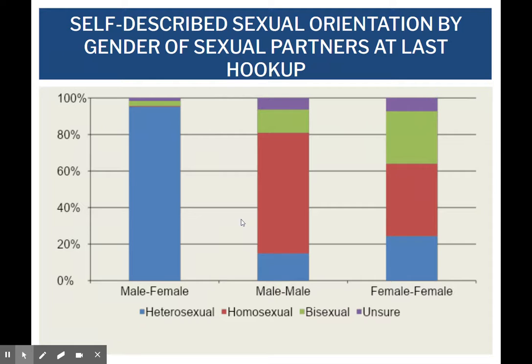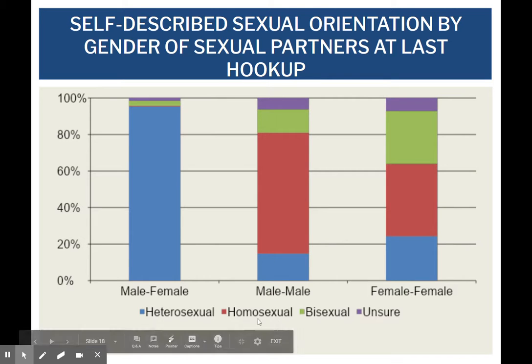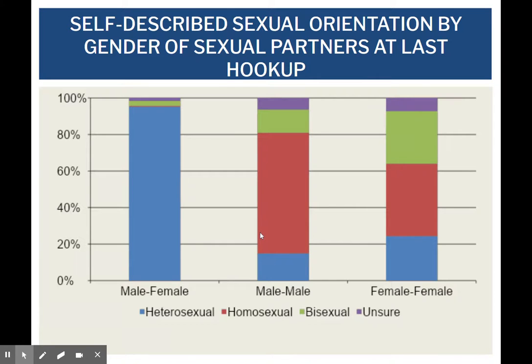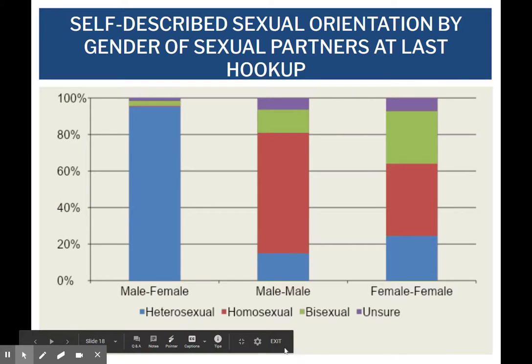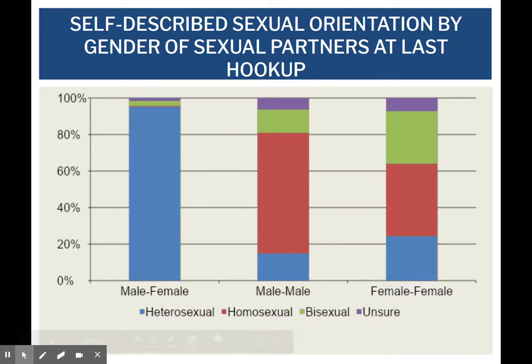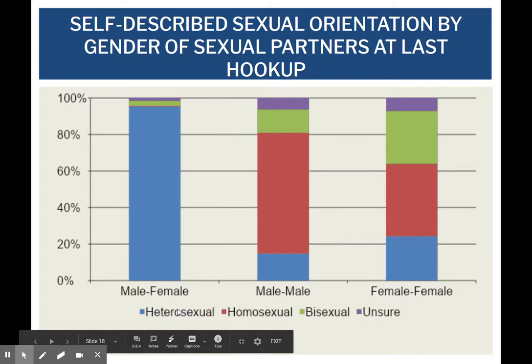So here's an example, which I think will make more sense. In this study, they asked different people what their self-described sexual orientation was, by gender of sexual partner at last hookup. So folks were asked, what was the gender of the sexual partners in your last hookup?